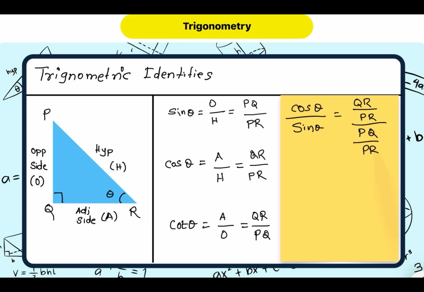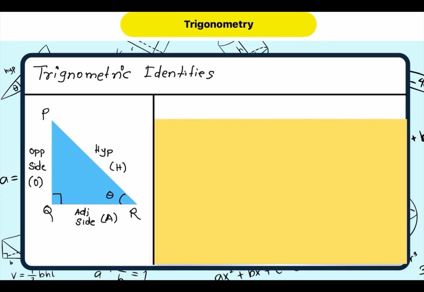Again PR is the common denominator, so it gets cancelled out. So what is left is QR upon PQ. But if we look, QR upon PQ is cot theta. So cos theta upon sin theta is equal to cot theta.